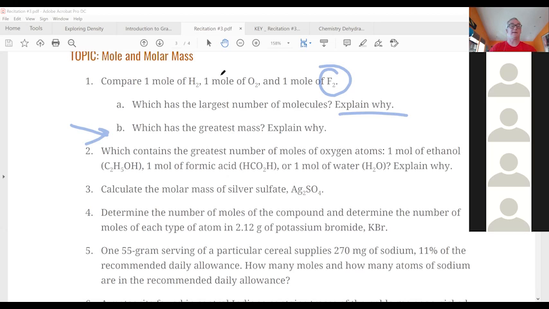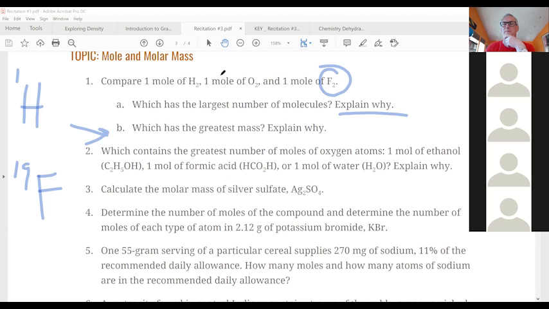We know that because hydrogen is a mass of 1, right? Hydrogen is a mass of 1. And fluorine has a mass of, where are we? 17, 18, 19. Fluorine is a mass of 19. So fluorine's 19 times bigger than hydrogen.